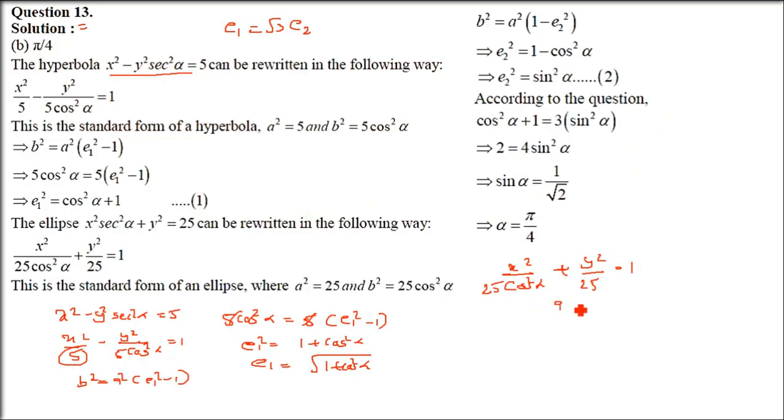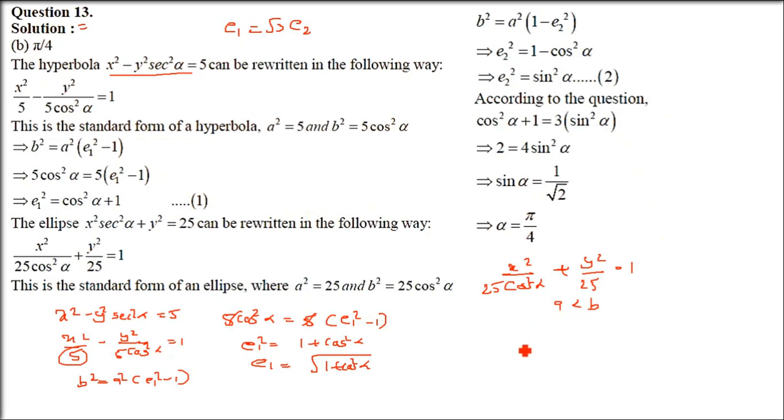Now which one is higher, 25 or 25 cos square alpha? You have to see this, and then use the formula accordingly. If you are not able to understand, just revisit the previous ellipse discussion. We have done it in detail.